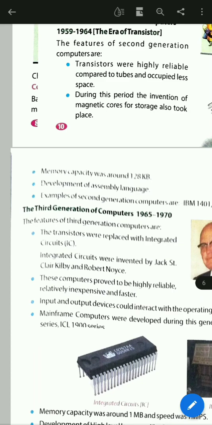In the first and second generations, computers were very expensive, but in the third generation they became inexpensive.